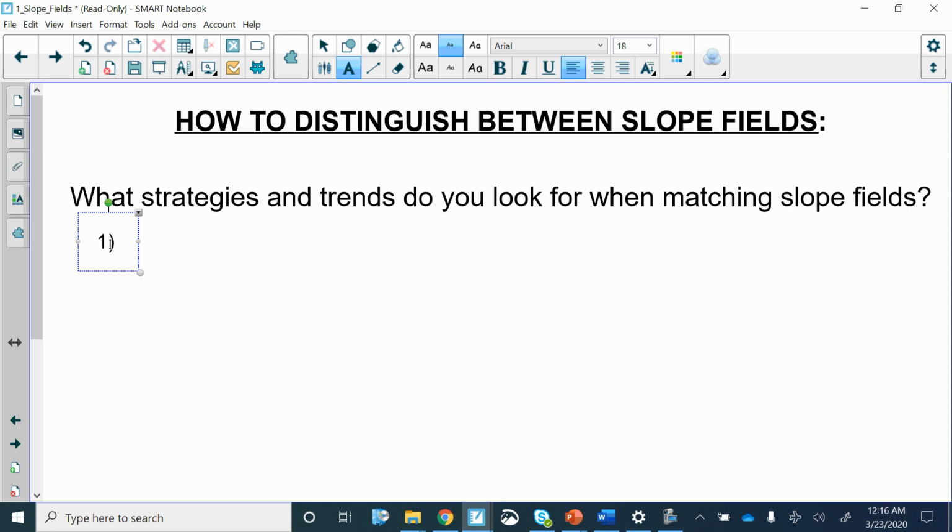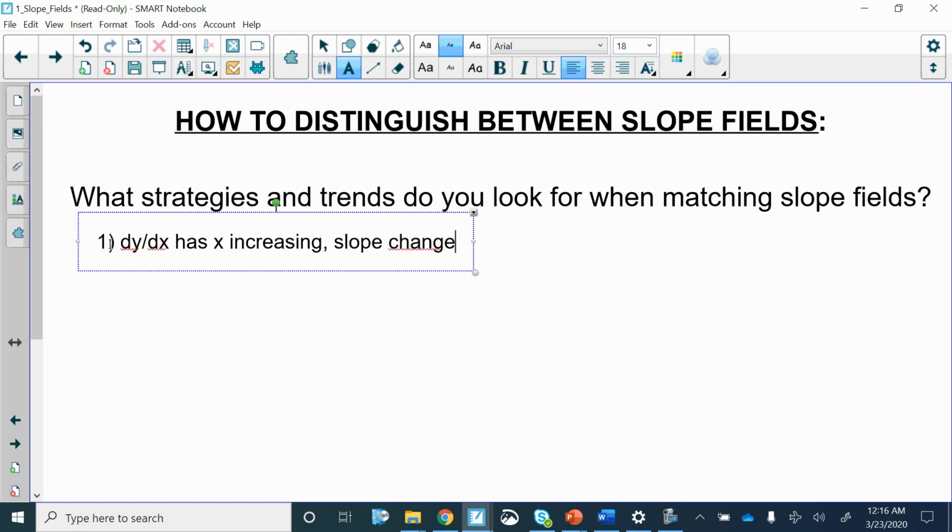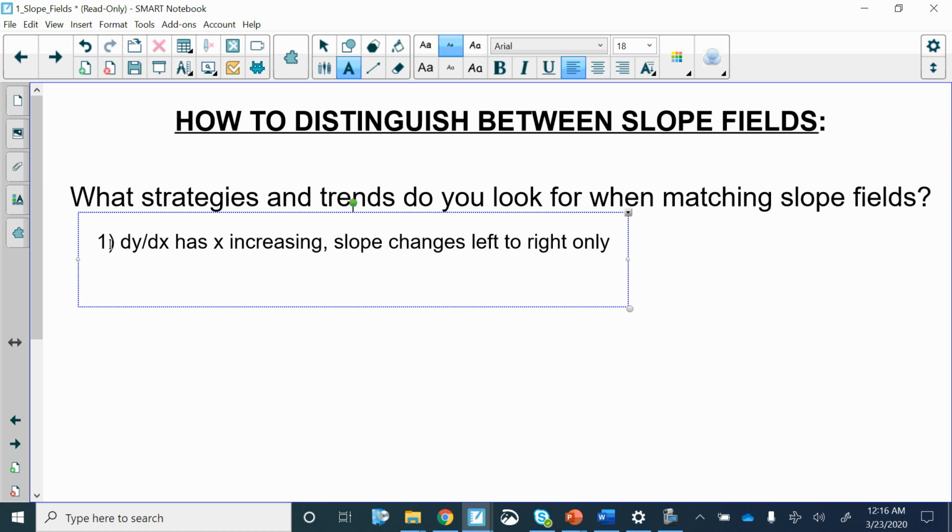would be that when you have dy dx has x increasing, slope will change from left to right only.